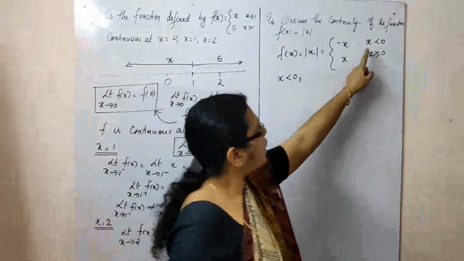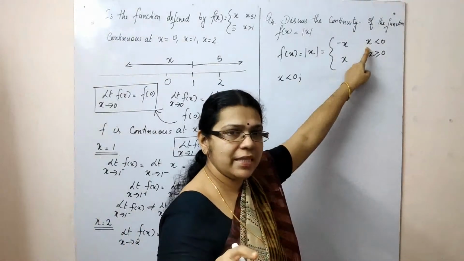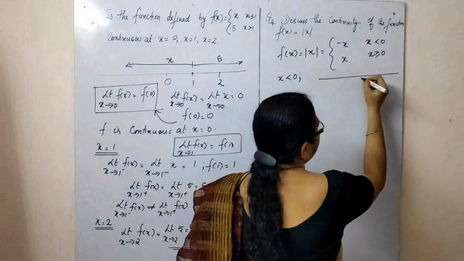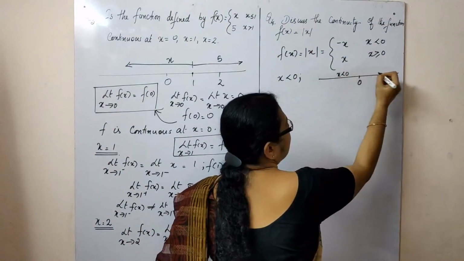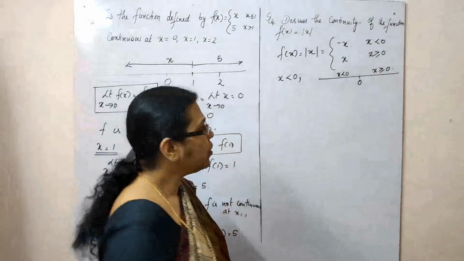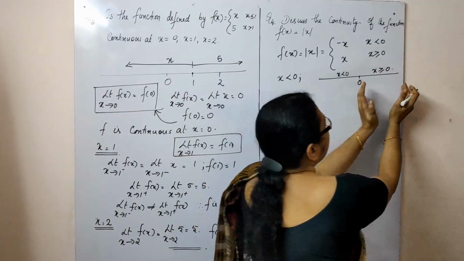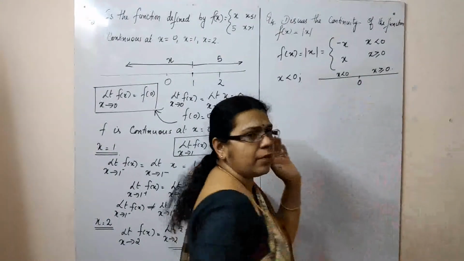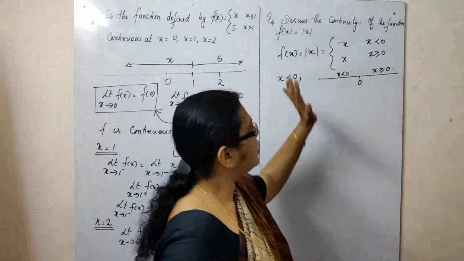On the number line, this is 0, this is the values of x less than 0 and this is for the values of x greater than or equal to 0. So this is into two parts. One is x values less than 0. Another is x values greater than 0 and x is equal to 0. These are the three cases.